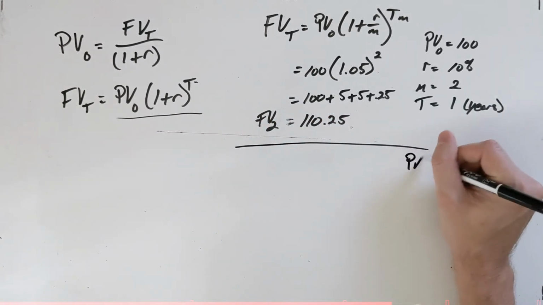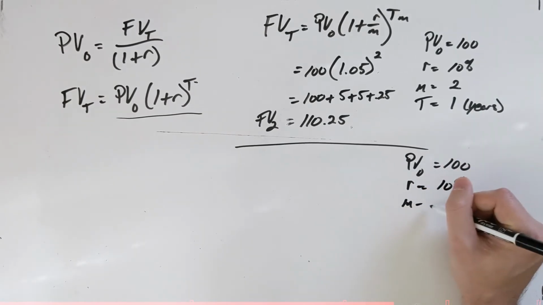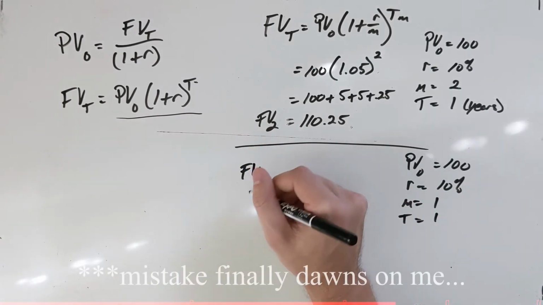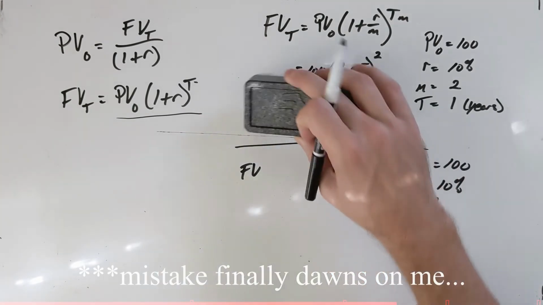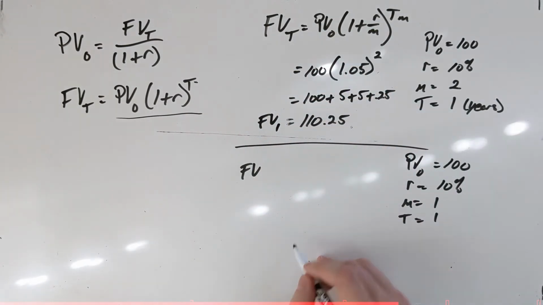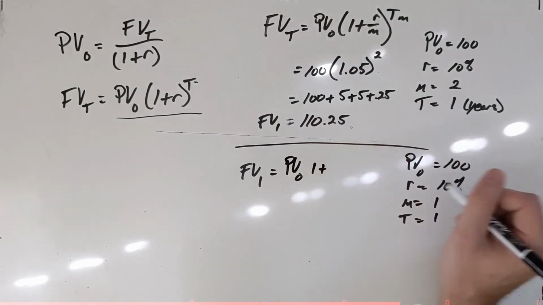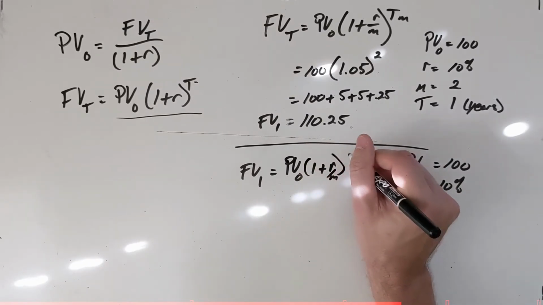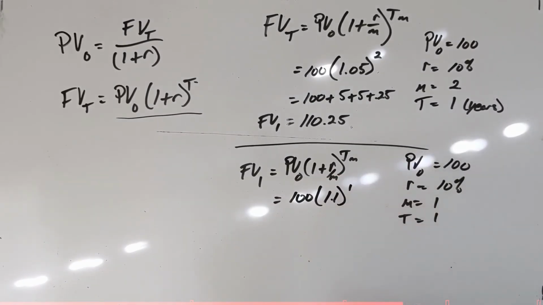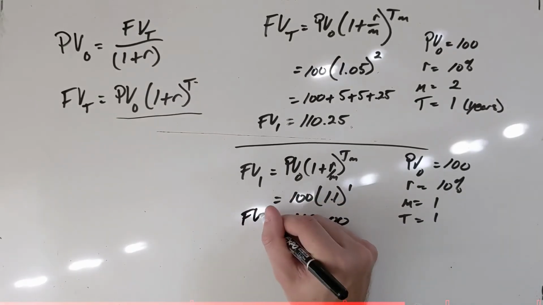So if I do the exact same problem, except now it's 10%, but there's only 1 period per year, then the future value after 1 year would be 100 times 1.1 to the 1, and that equals 110 with no pennies. All right, these are not the same.